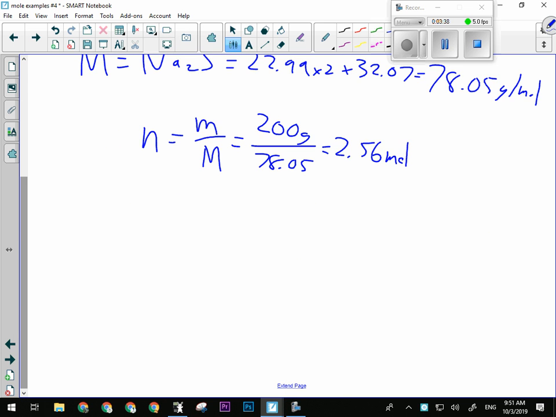Now that I have the number of moles, I can find the number of molecules by taking the number of moles, 2.56, and multiplying by the number of molecules in a mole, Avogadro's number.